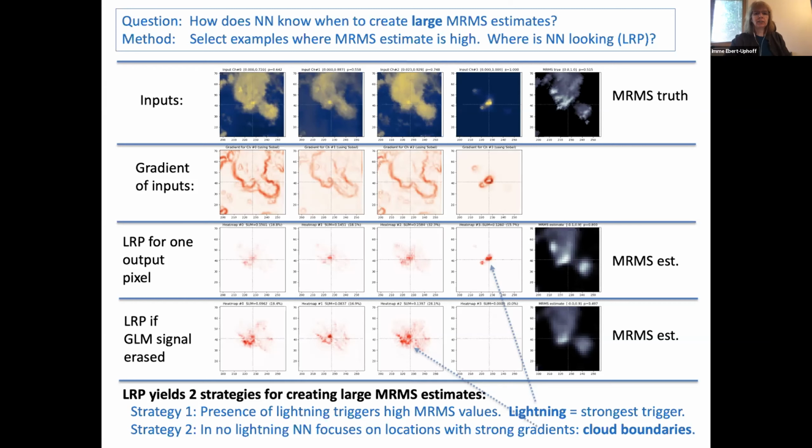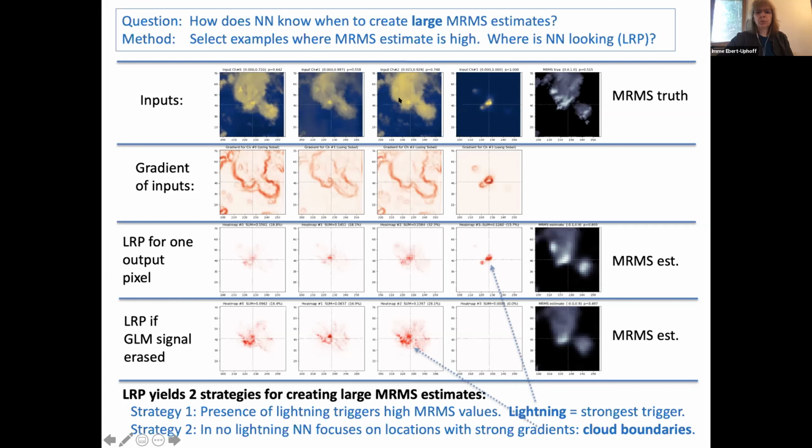We selected some examples where the MRMS estimates were high. In fact, we selected lots of them. And then we asked the neural network again, okay, why did you create large MRMS values there? Where was the neural network looking when it was doing that? Without going through too much detail over here, we basically found these are the different channels. So these are the 1, 2, 3, 4 input channels of course.